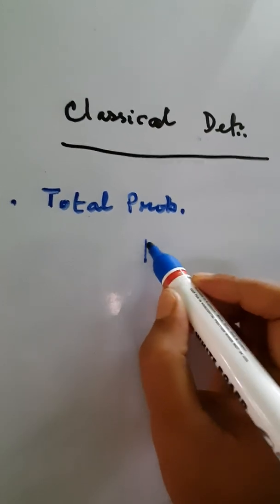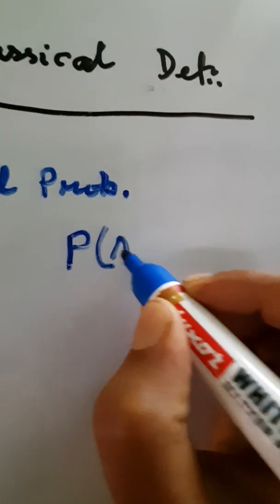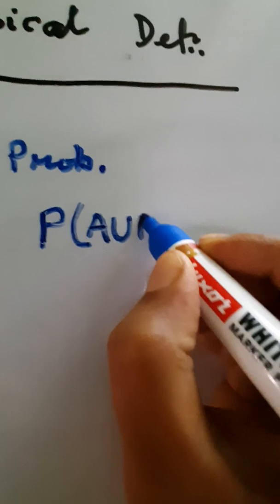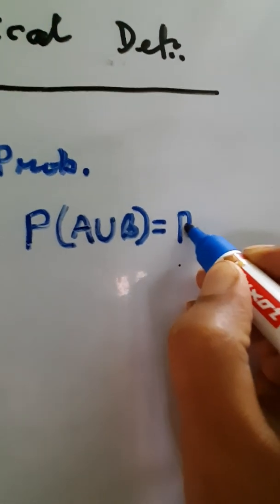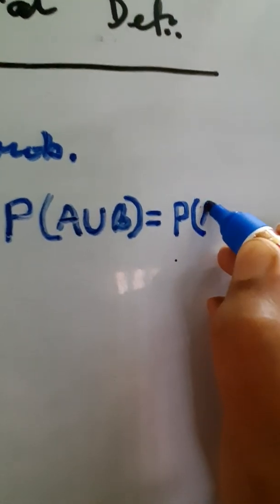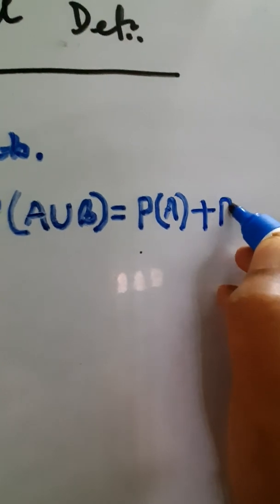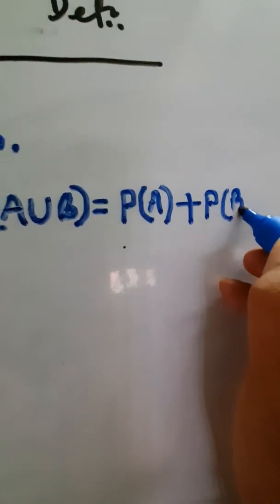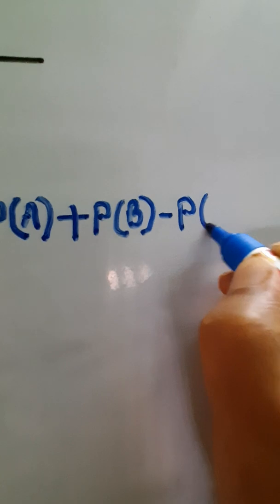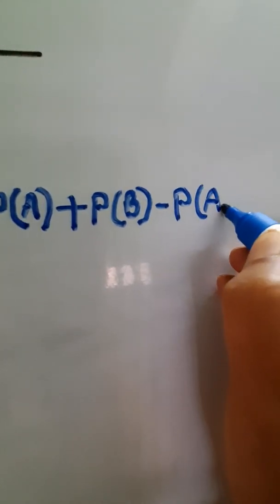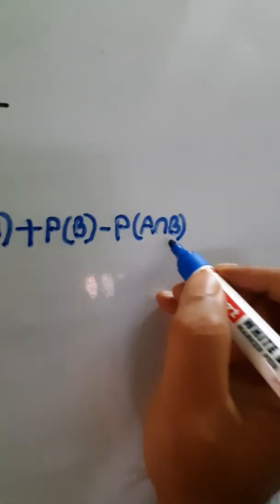Let us state it. Probability of union of two events A and B, that is probability of A union B, is equal to probability of the first event A plus probability of the second event B minus the probability of their intersection, that is probability of A intersection B. In a Venn diagram, let us see what this is.